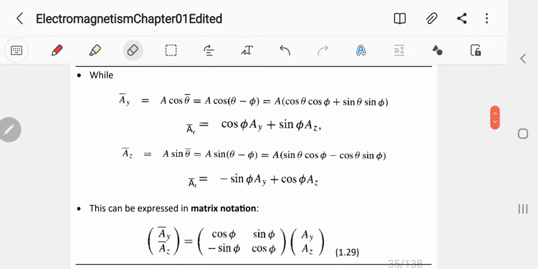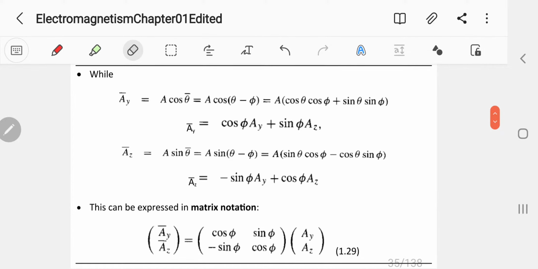So your AY bar would be just A cosine theta bar. And of course theta bar is theta minus phi, so you can expand this by the difference of two angles.